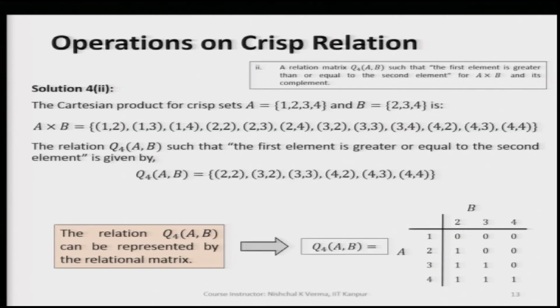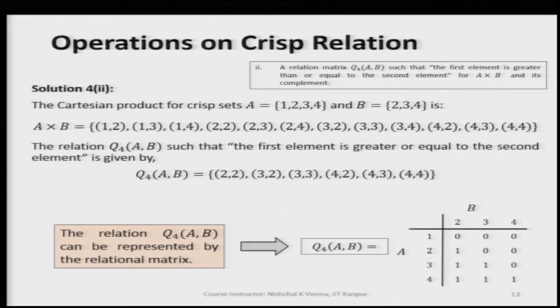Let us put some condition, as I have already mentioned in the case of crisp relations. Here we have the complete population, the ordered pair elements in A cross B. The condition that we are putting here is that the first element is greater than or equal to the second element.